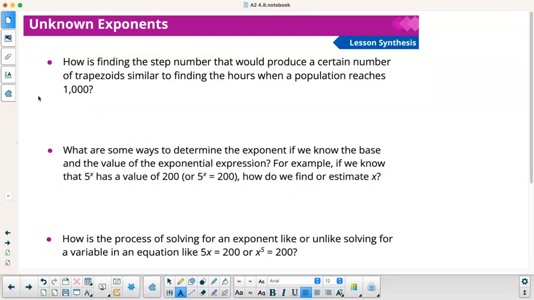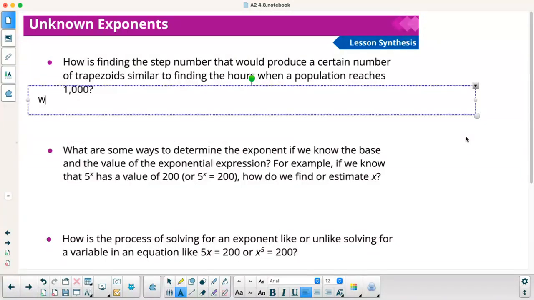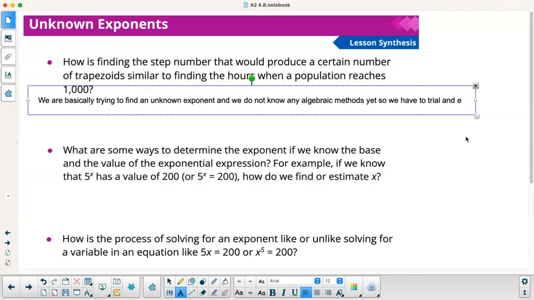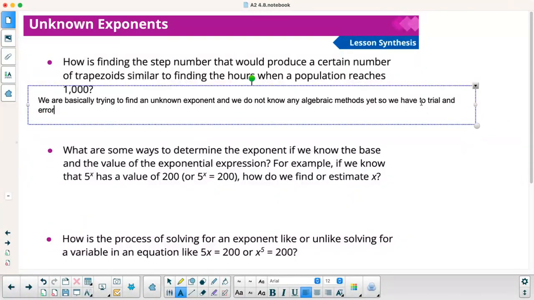I would say we are basically trying to find an unknown exponent, and we do not know any algebraic methods yet. So we have to use trial and error to get close.